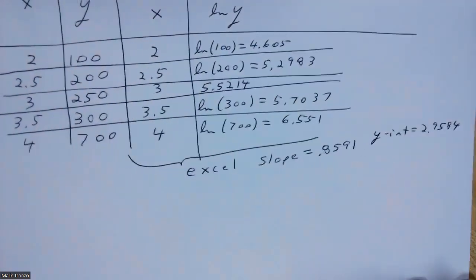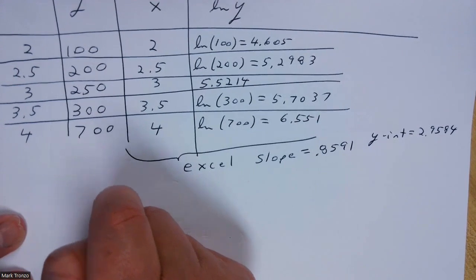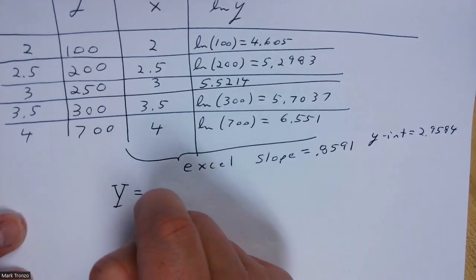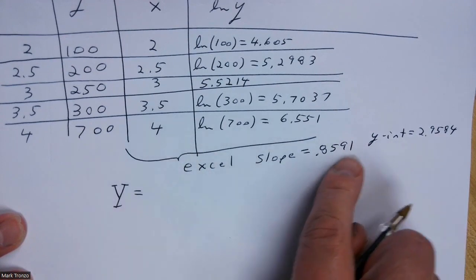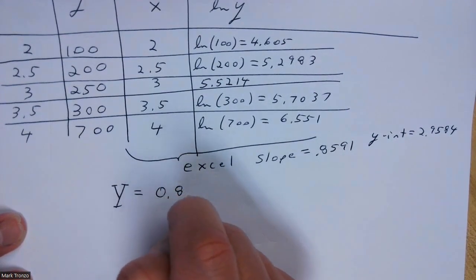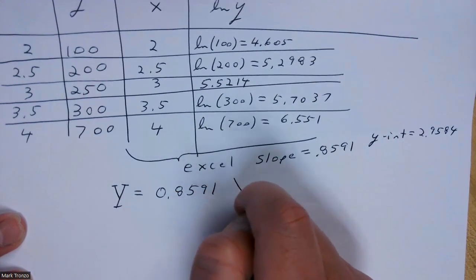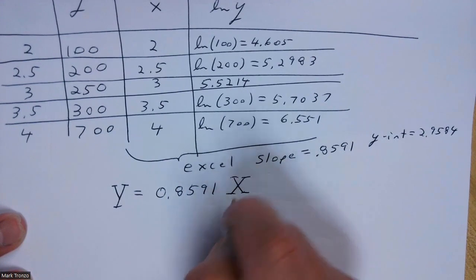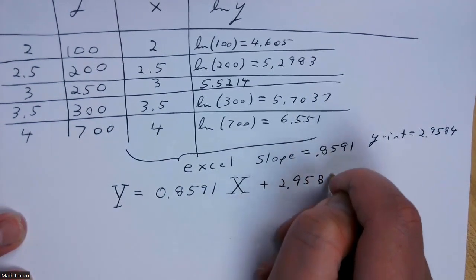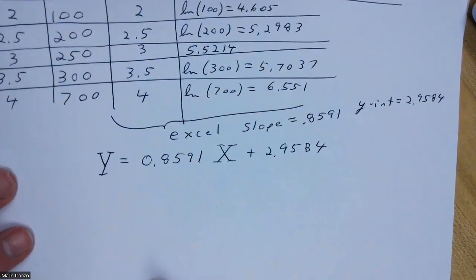Excel will actually give you the equation with a small y and x, but what they really mean is that capital Y equals 0.8591 times capital X plus 2.9584.